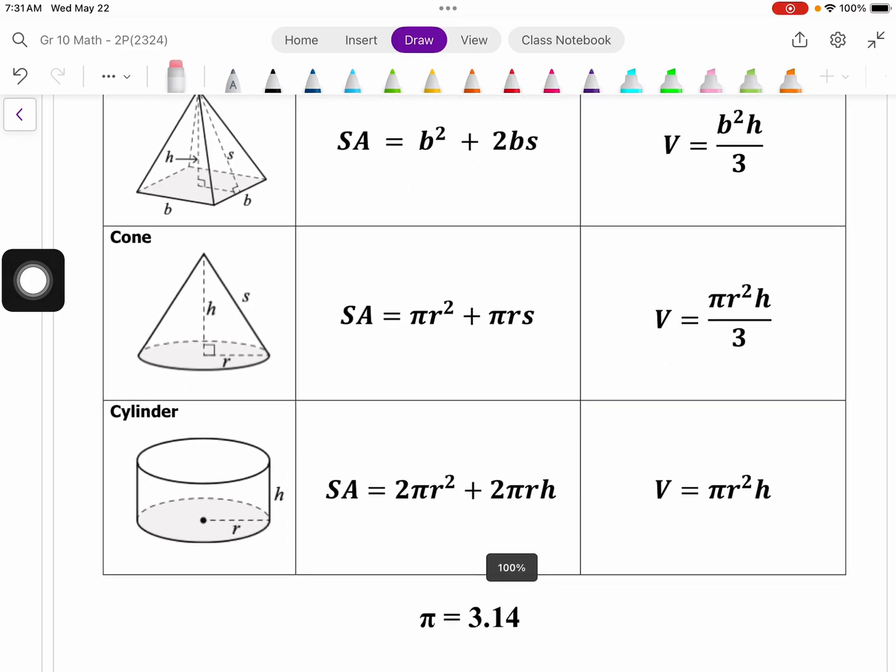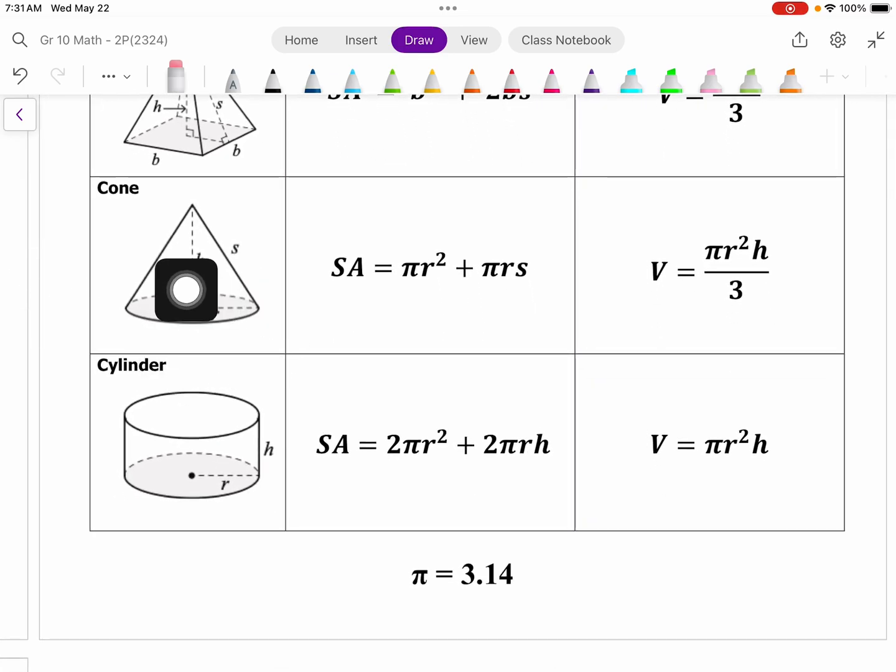In a cone, we have the area of a circle on the bottom, which is pi r squared, and then pi rs is going to give us the rest of that cone section. We'll take a look at that in the net in a moment. In a cylinder, we have 2 circles, so the pi r squared, we need to double that for the bottom circle and the top.